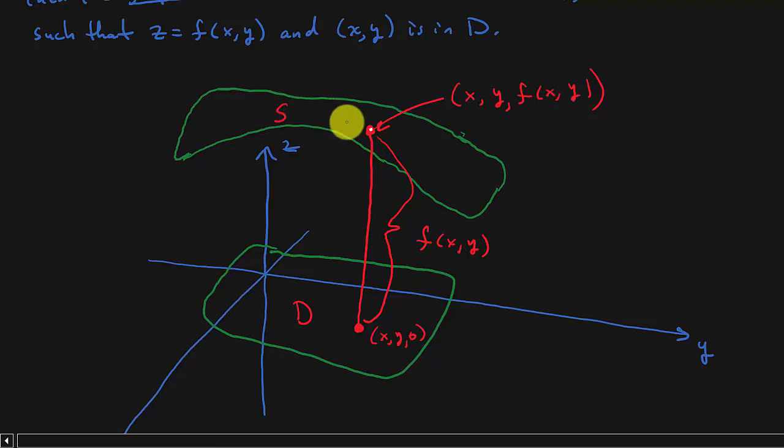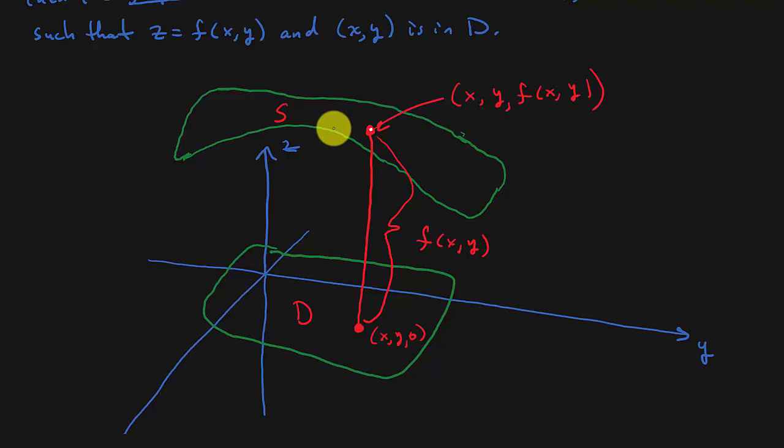So it's kind of like this projection down here. This is the domain in the XY plane, but here's your surface up here, your graph. See, there's your D domain, and this is your surface. And so, you know, that's what it looks like. So hopefully that gives you an idea of what we're looking at.